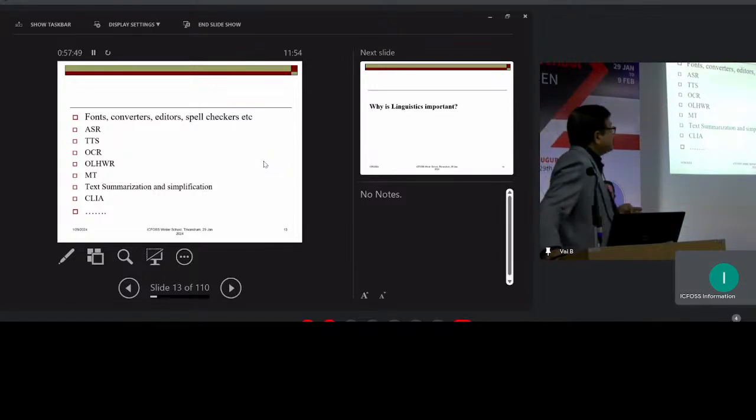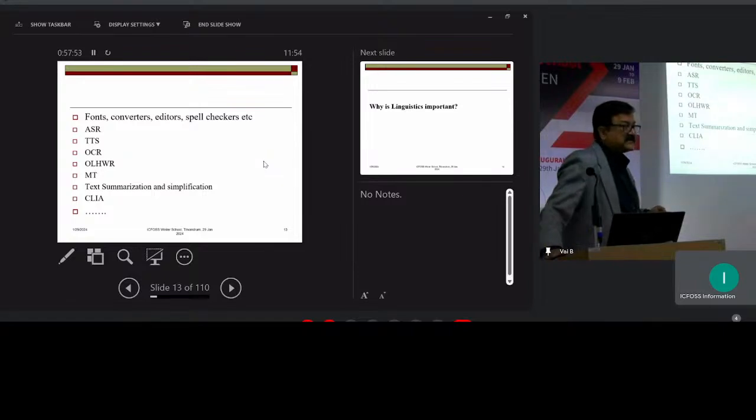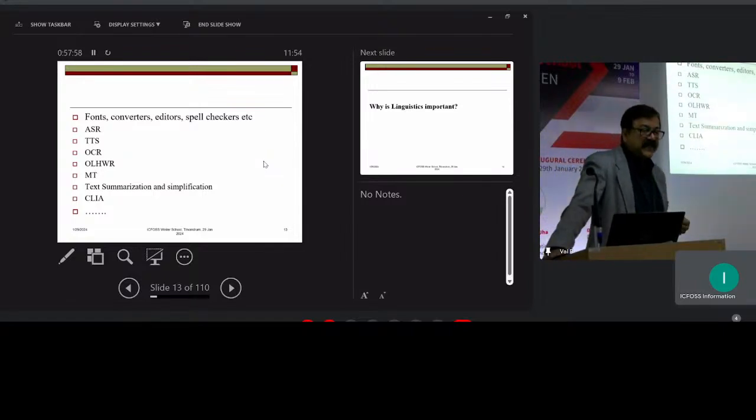And cross-lingual information access. What does that mean? If I am asking a query on Google in my language, say Maithili for example, my mother tongue, and there is no document available in Maithili, I should not be left without any information.